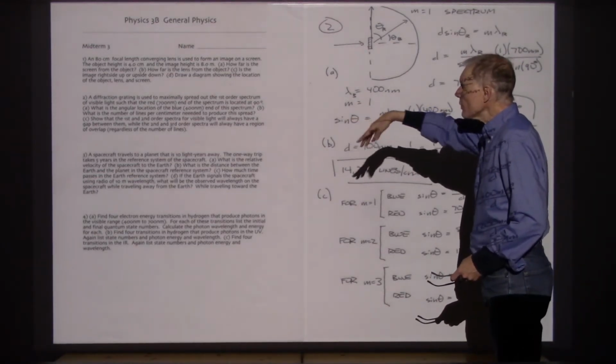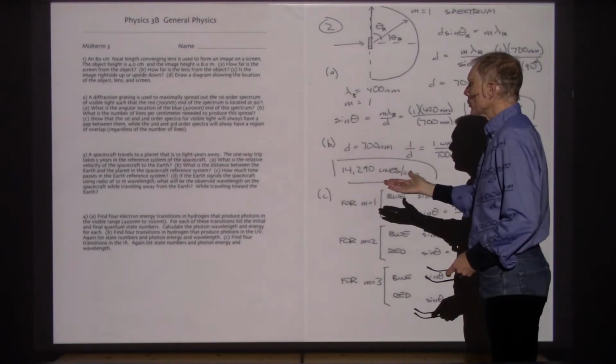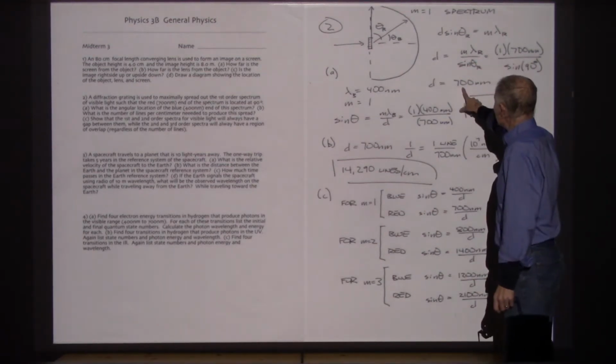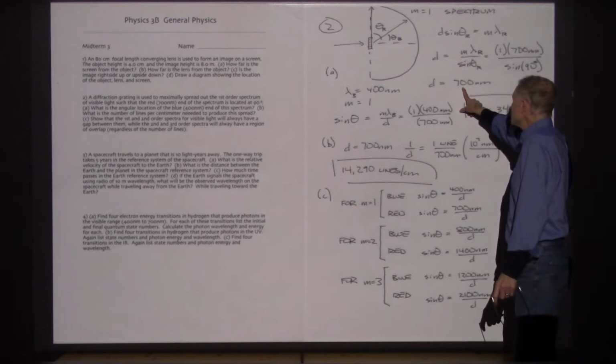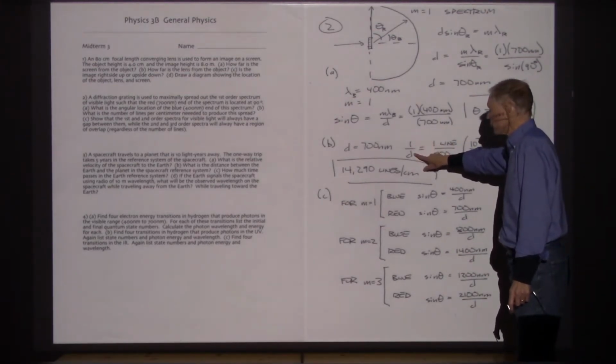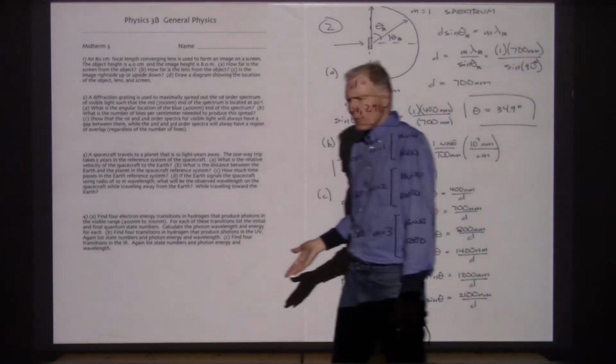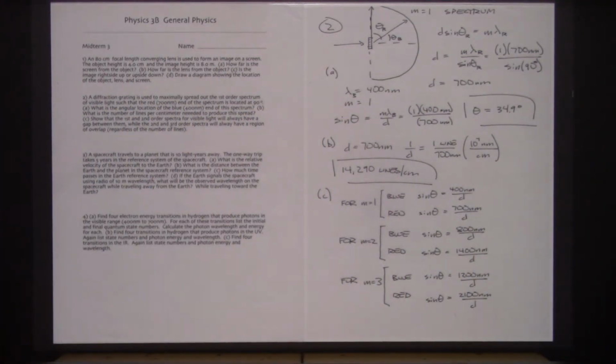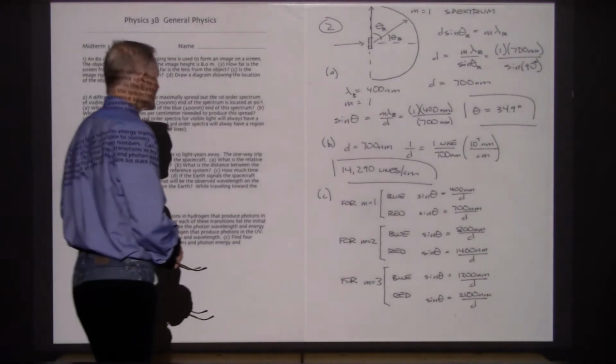Now, B says, what are the number of lines per centimeter needed to produce this spread? So they're asking about, well, not directly the D value, but they're asking about 1 over D. So we saw this in lab, and we saw this in some of the examples we've looked at in class.